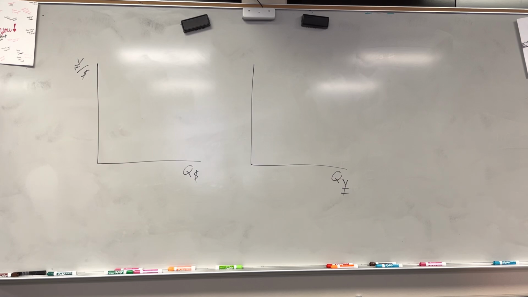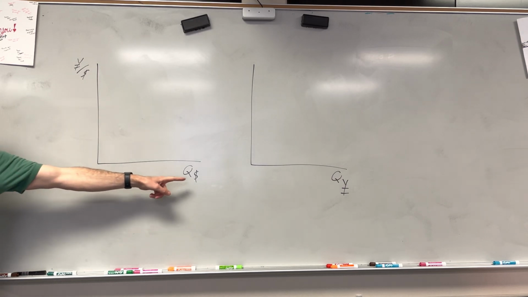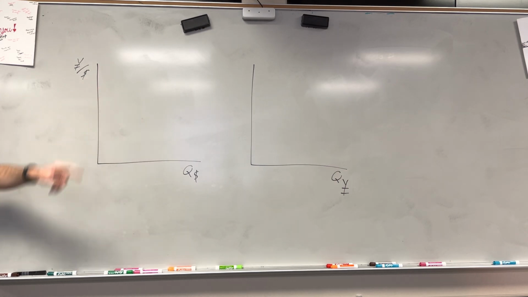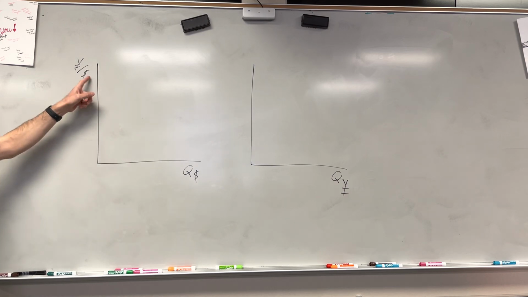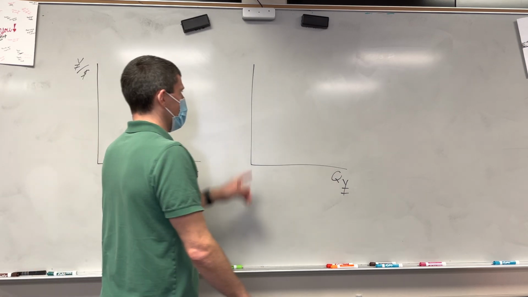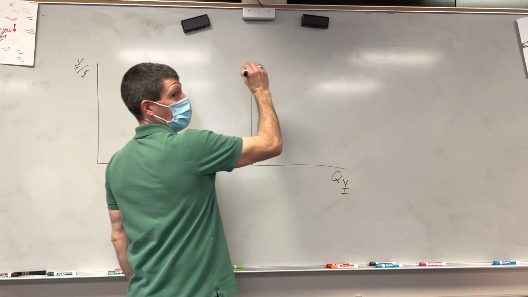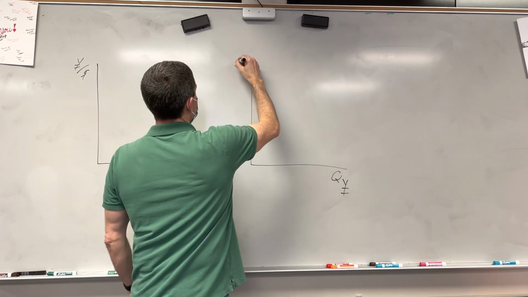Yen to dollars. An easy way to remember what goes in the denominator is that if it's on the bottom here, it's on the bottom there. If we're talking about quantity of dollars, then the dollar sign is going to be in the denominator on the y-axis. Which means over here, for quantity of yen, it's going to be dollars over yen.